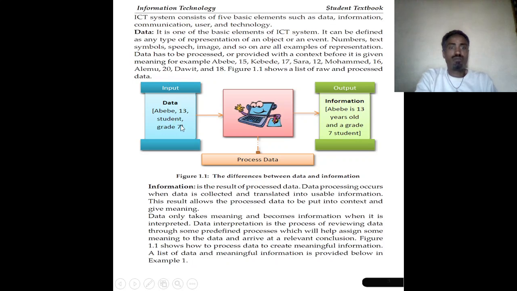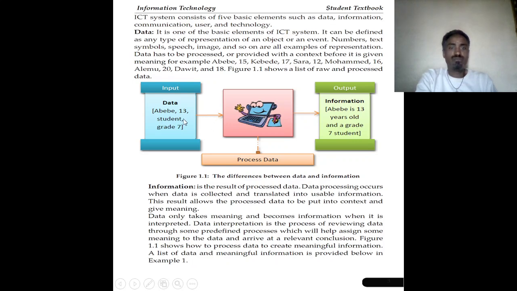Student is data input. Grade 7 is data input. They should be processed. When we process this data, it should be converted into output or information. Ababa is 13 years old and a grade 7 student.